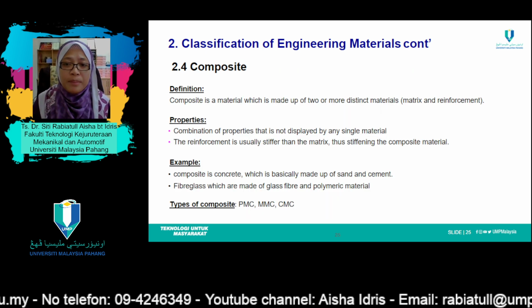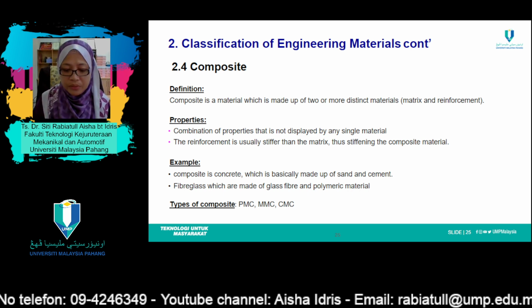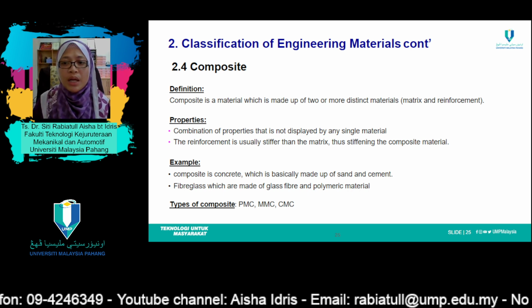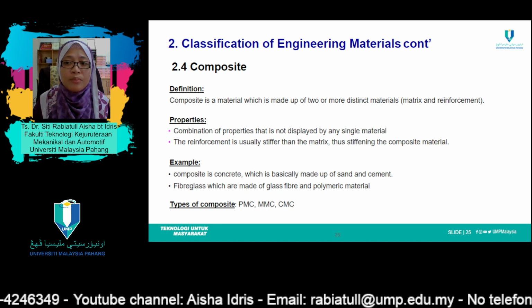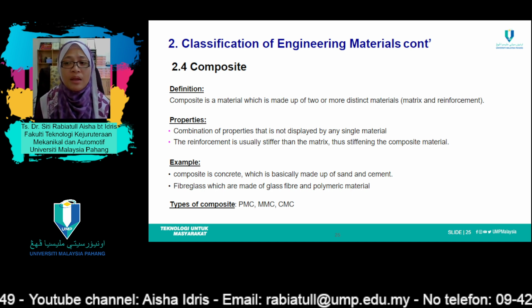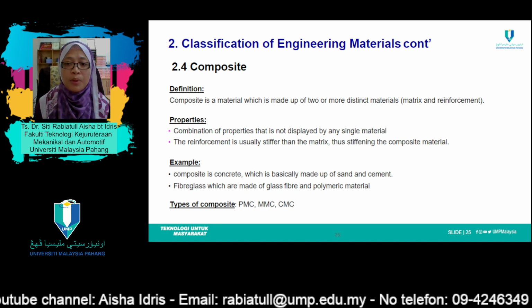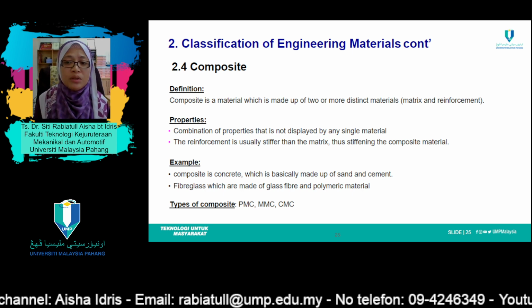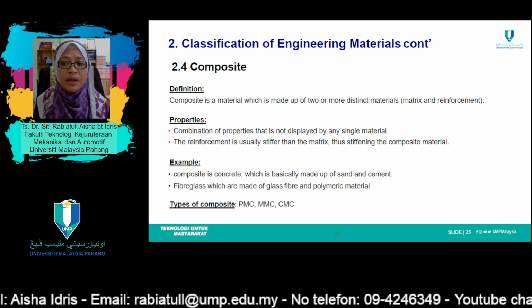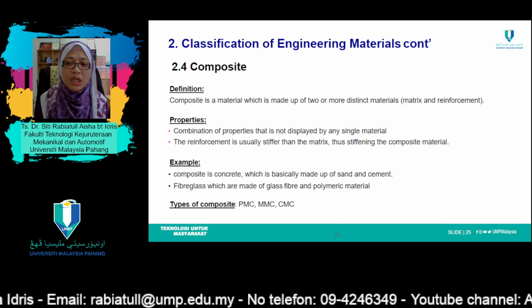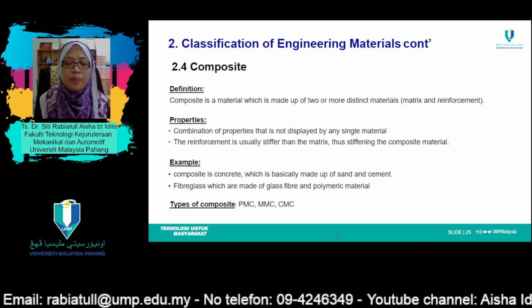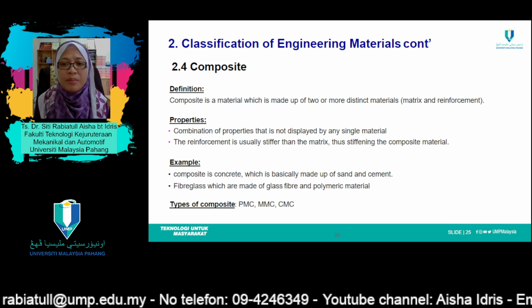Number 4 is composite. Composite is a material which is made up of 2 or more distinct materials, normally matrix and reinforcement. The properties include a combination of properties that is not displayed by any single material. So it is actually a combination of properties by several materials.